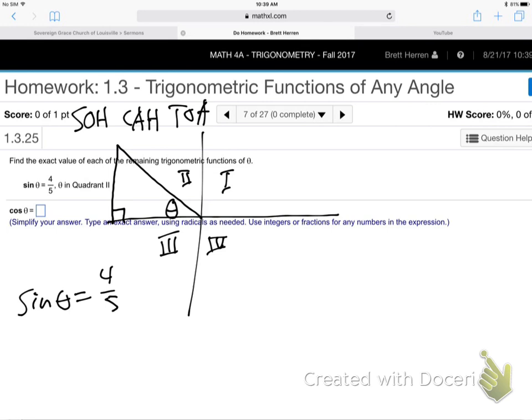Looking at that little right triangle, which side is the opposite? It's this one. And which side's the hypotenuse? It's that one. You with me? Opposite and hypotenuse, 4 and 5 there.